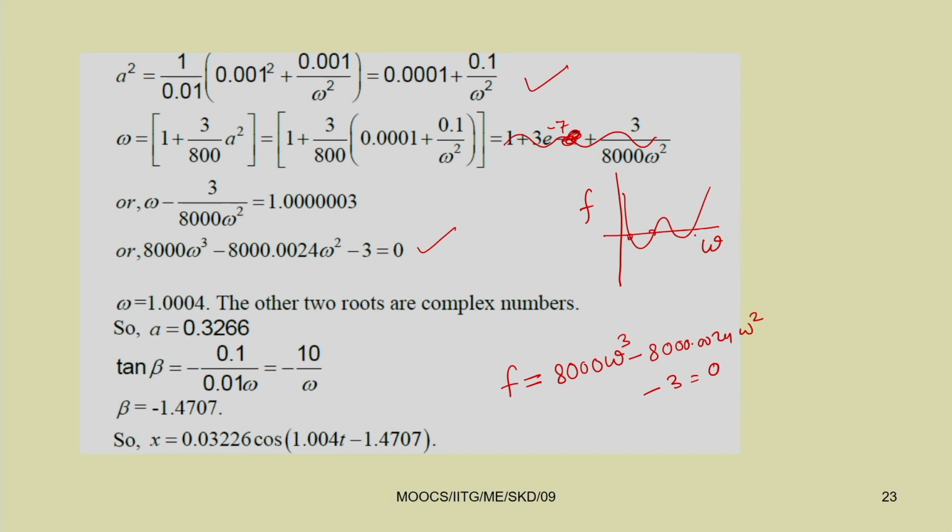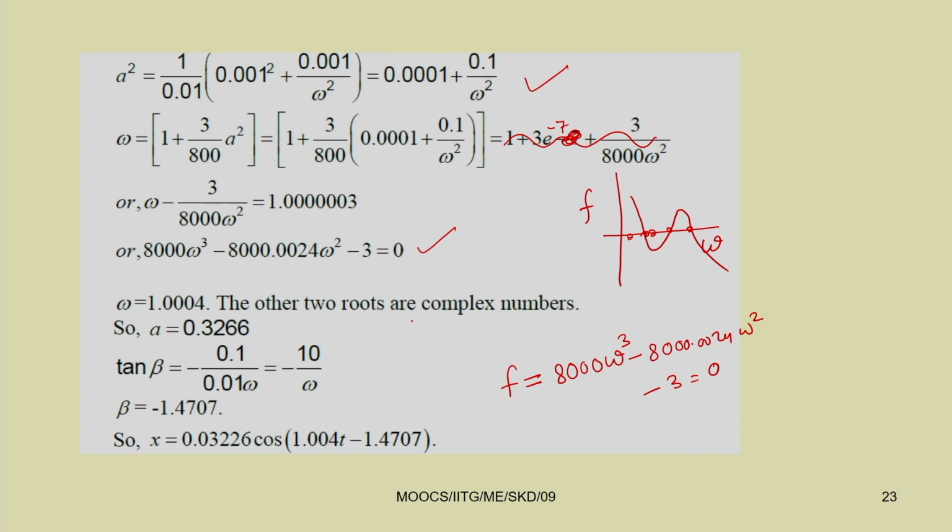So, 1, 2 and 3 points. So, you can get this value. This way you can find this value of omega. Out of these 3 roots, one root may be a real root and the other 2 are complex numbers.